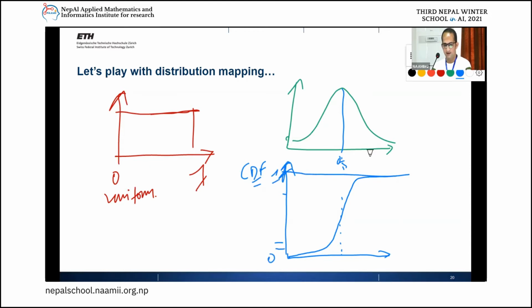See, this is getting uniformly distributed here, but because of this non-linearity, around 0.5, let's say, right, it covers more here. So maybe between 0.4 to 0.6, it will cover 0.2 to 0.8.